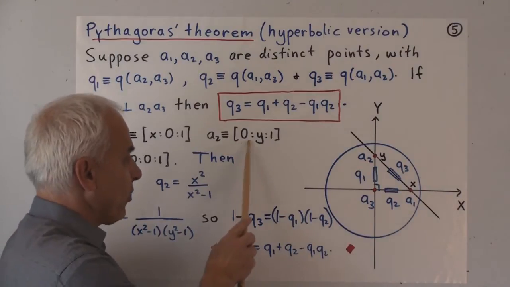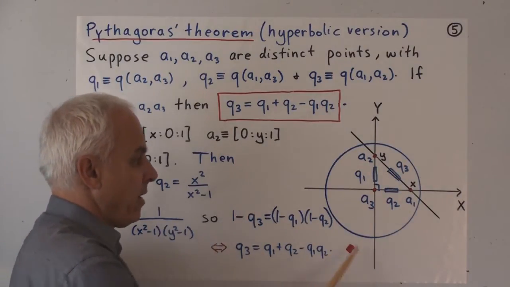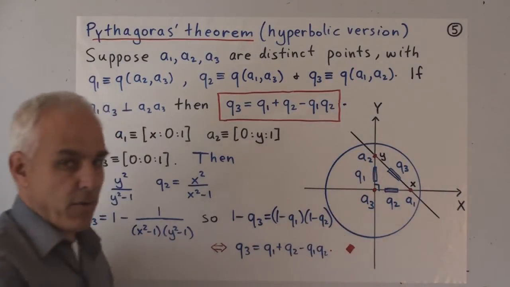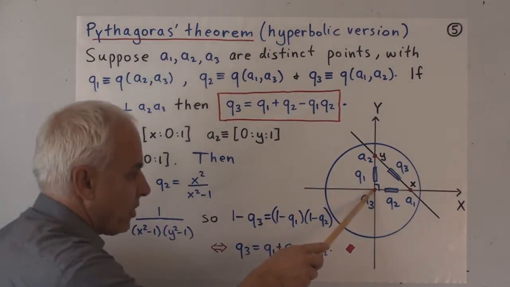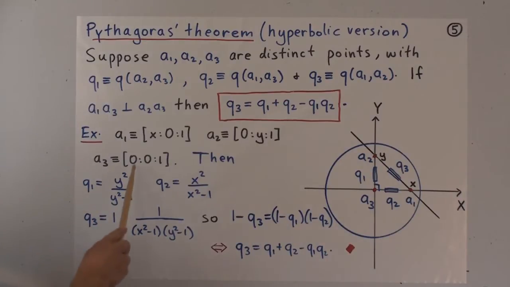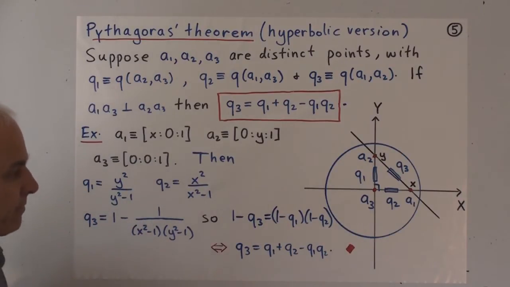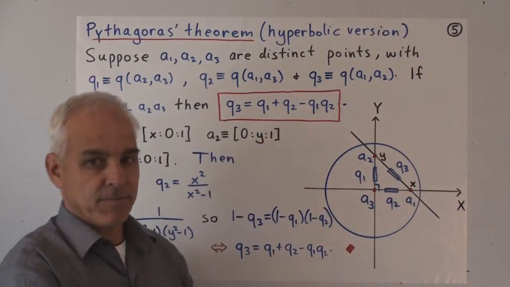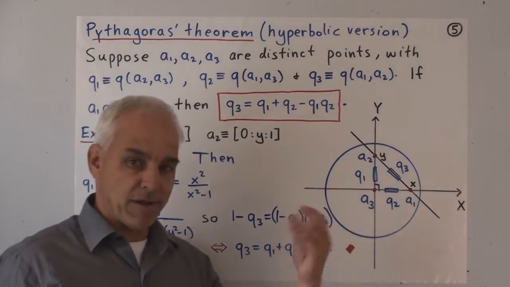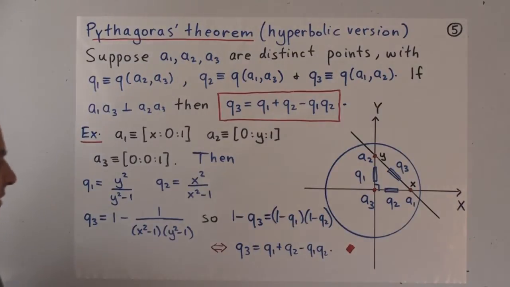So it has the form [0 : y : 1] for some y, the usual y-coordinate. And our third point will be the origin, or the center of the circle, [0 : 0 : 1]. When I say center of the circle, I'm talking about the center as we see it. Actually, it turns out that hyperbolically, the center doesn't have much significance.